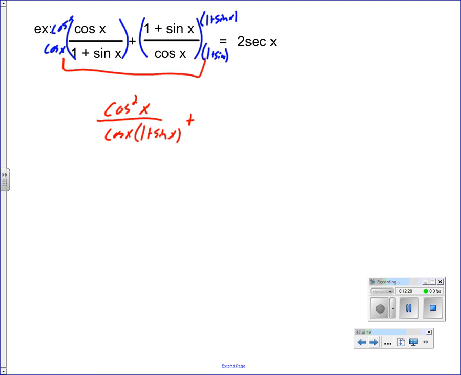Now on this side, we're going to have to FOIL, so we're multiplying a binomial. So we'll get 1 plus 2 sine x plus sine squared x over our common denominator, which is cosine x, 1 plus sine x.